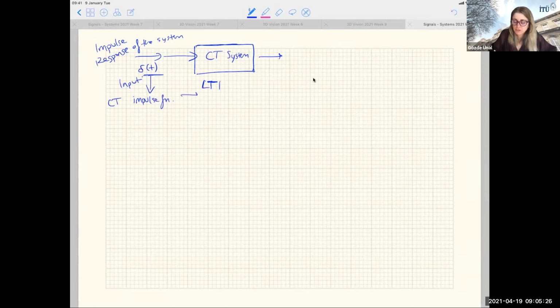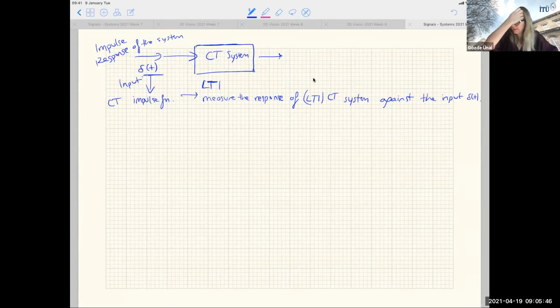Okay, measure the response of this LTI continuous time system to the input delta of t. This is also equivalent to perturbing the system with an infinitely short duration signal, because it's an instant.